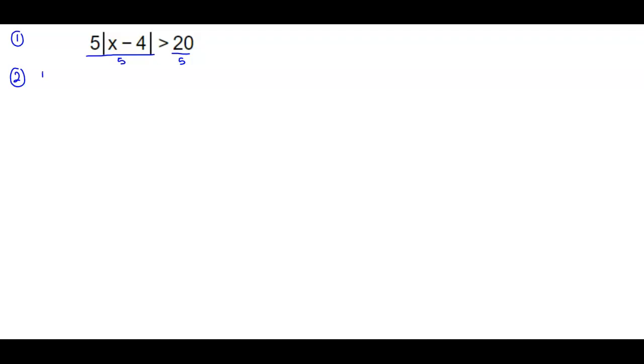And so therefore we end up with the absolute value of x minus 4, which is greater than 20 divided by 5, which is 4. Remember that whenever we have an absolute value of an expression and it's greater than a constant, the definition is as follows.